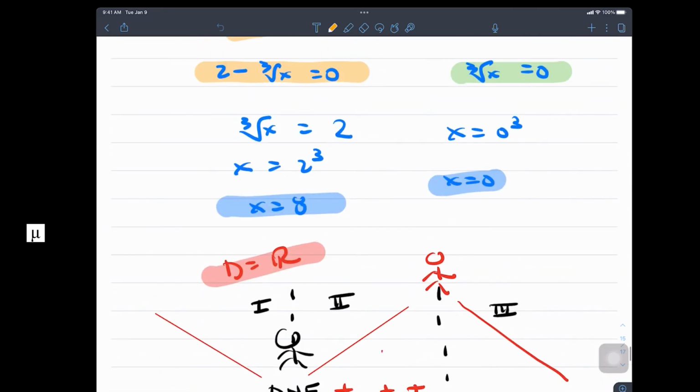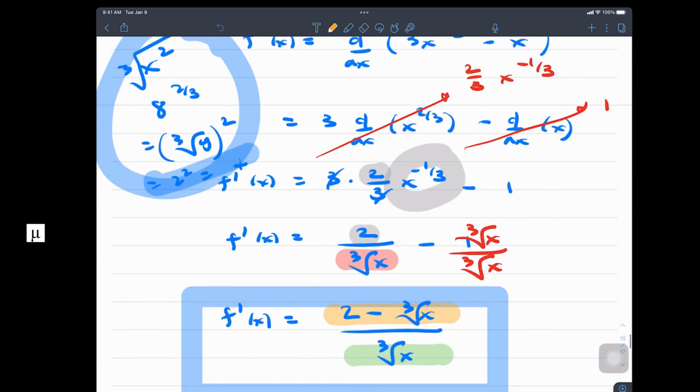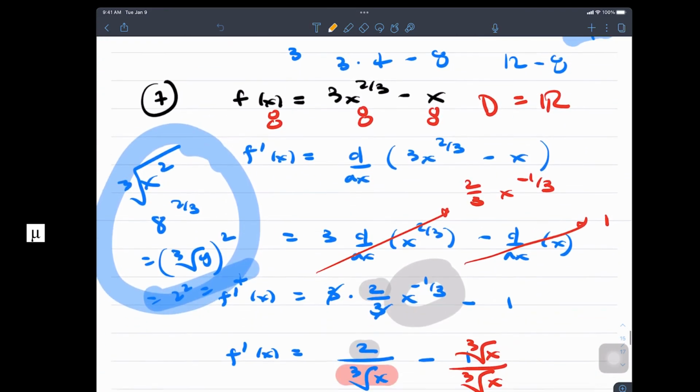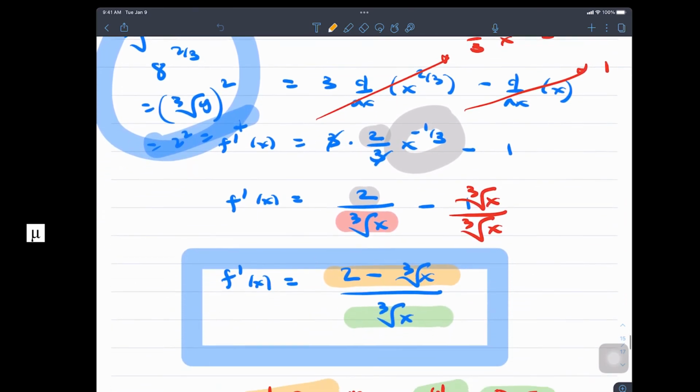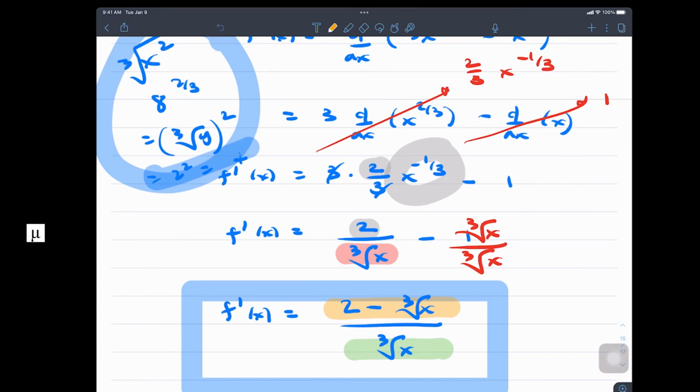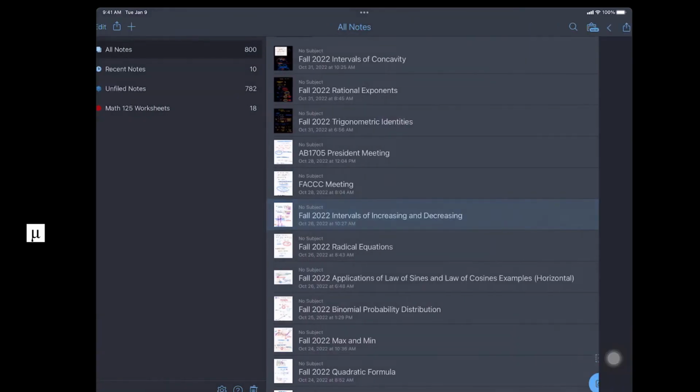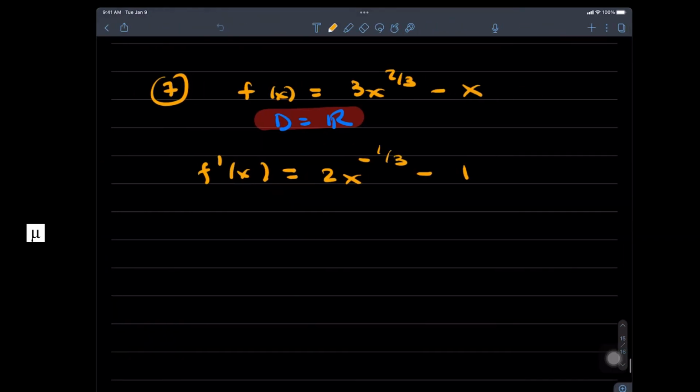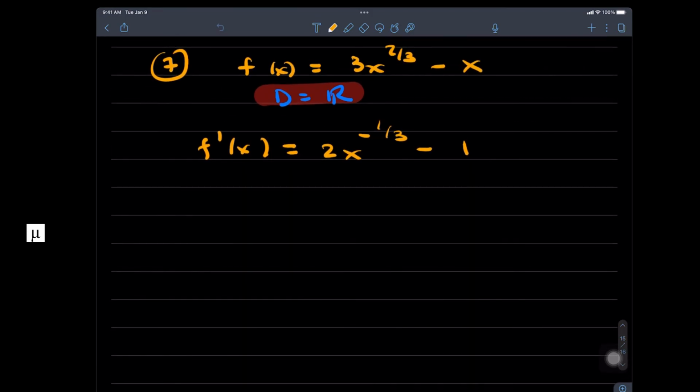Yeah, there it is. Okay. Here's what I'm going to do: I'm going to keep it like that. You guys okay with that? You say, why would I keep it like that? Because I think this second derivative will be a lot easier.